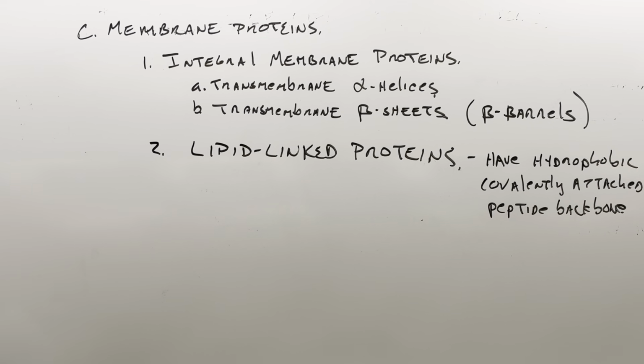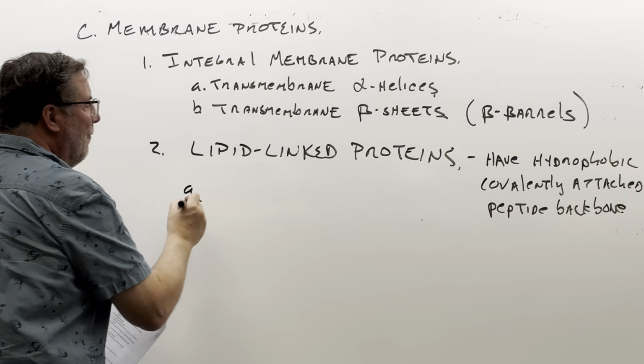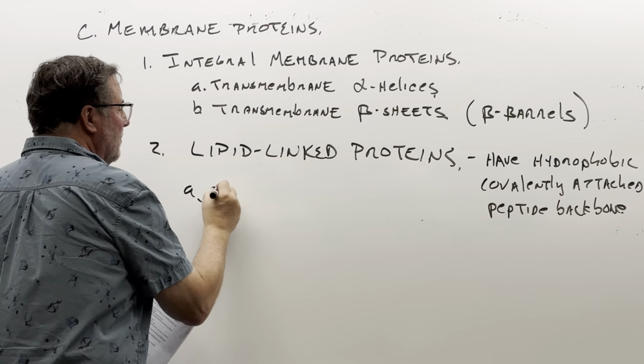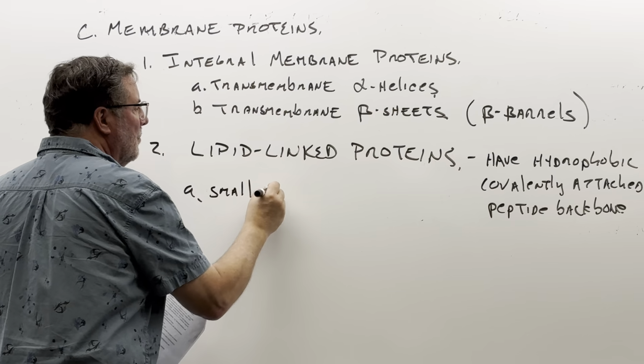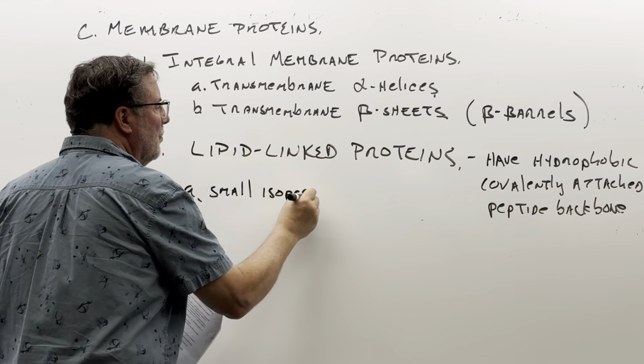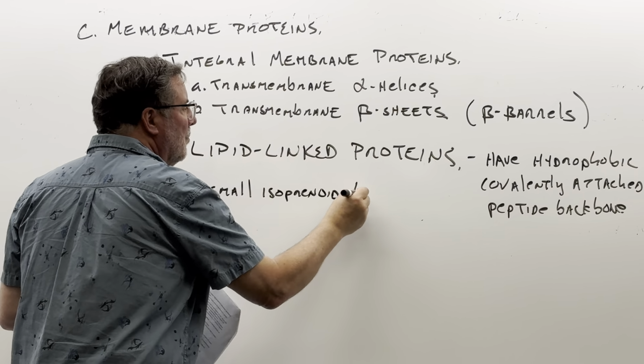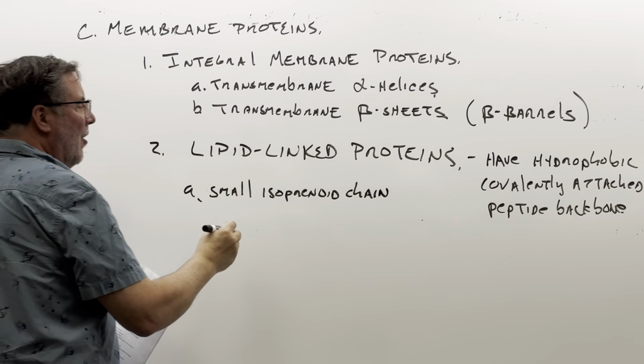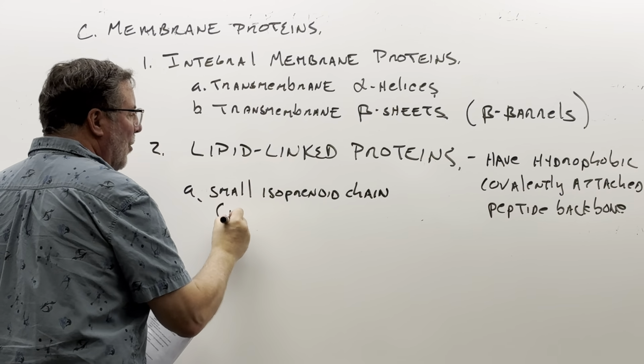And so what are these different hydrophobic molecules? There can be a small isoprenoid chain. Okay, and these are known as prenylated proteins.